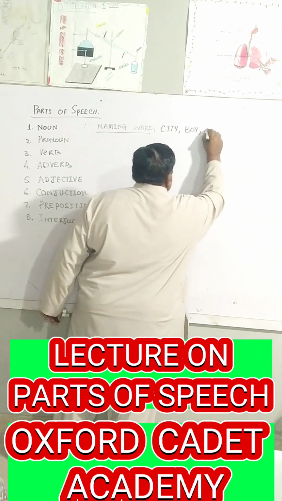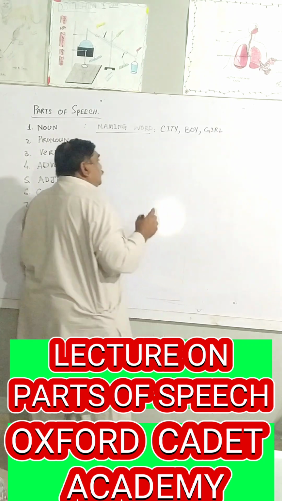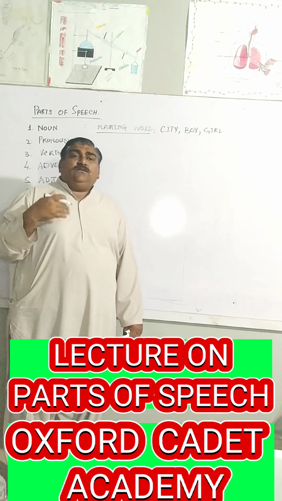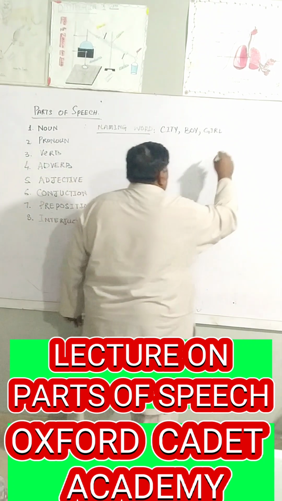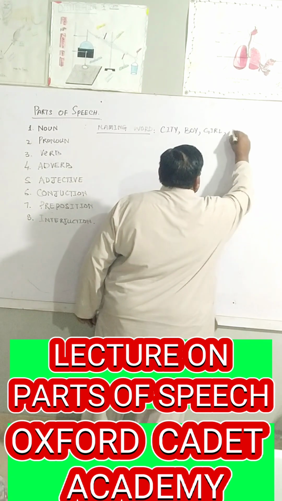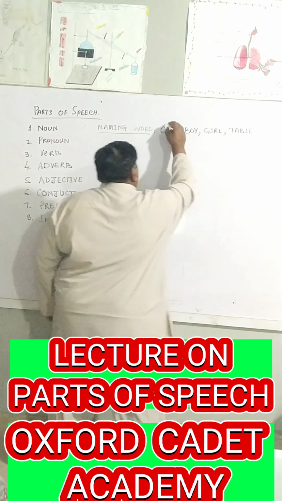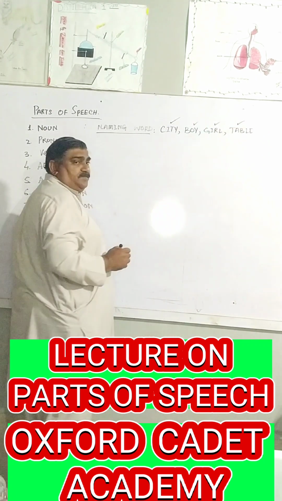A person. If you write a girl, so this name represents a person, someone who is girl, right? Table. Now this is a thing. Place, person, thing, right? Yes, sir.